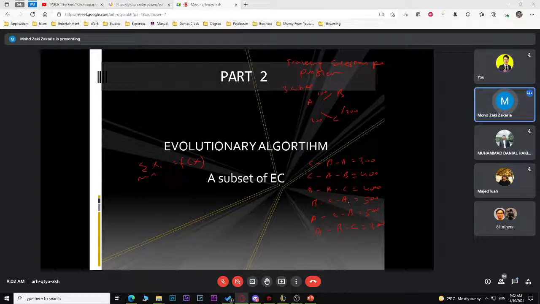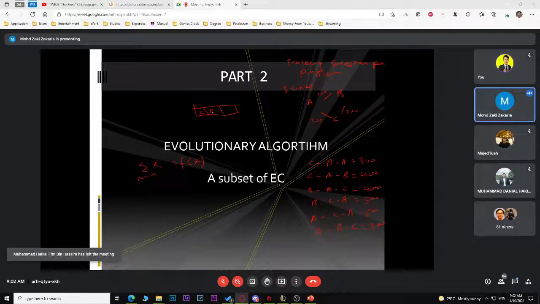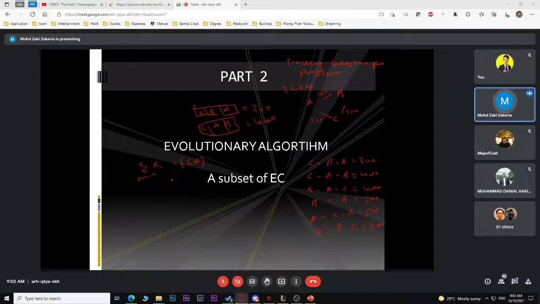For this case, the best chromosome, for example, if we draw CBA, this chromosome is 300. For CAB, this chromosome is equivalent to 400. So based on this mathematical formula, the fitness function, 300 is better than 400 because we consider the minimum, the shortest path for traveling. Okay, can you understand?